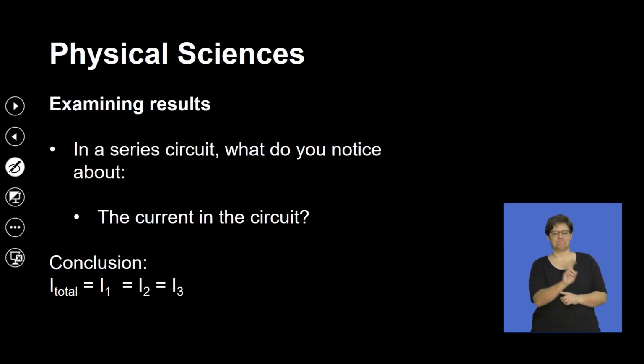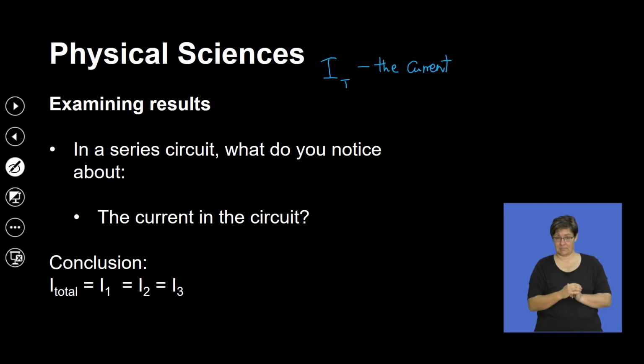Now let's take a look at how we are going to examine the results that we just collected. The question was, in a series circuit, what do you notice about the current in the circuit? Now we are saying that the total current, I total, take note of the notation, is the current through the battery. This is the total current in the circuit, in other words.